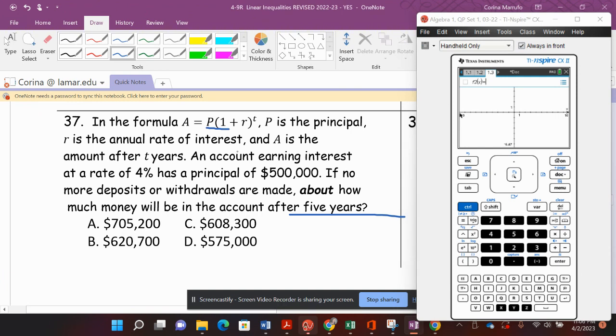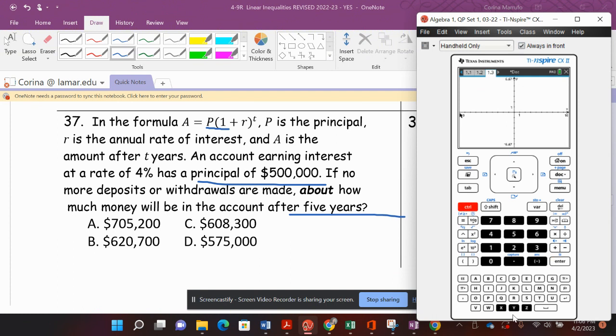It's what we start with, $500,000. That's 5 zeros. Then parentheses, 1 plus our interest rate, which is 4%. I'm going to write that as a decimal, or you could actually plug in 4%. To the power of t, we don't know, that's what we're looking for, so I'm just going to put x.